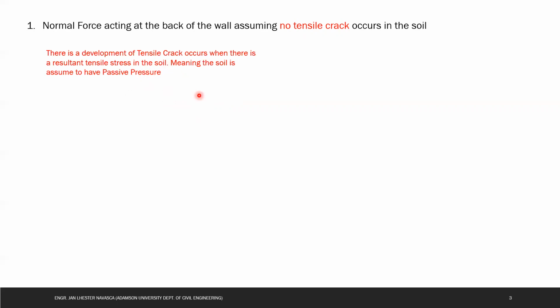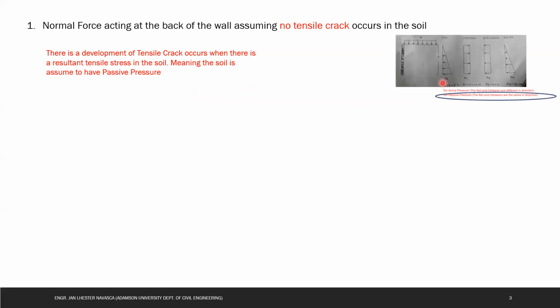So magkakaroon lang ng tensile crack kapag merong tensile stress. So ibig sabihin nito, for one layer of soil, the lateral pressure due to soil has a zero pressure at the top.